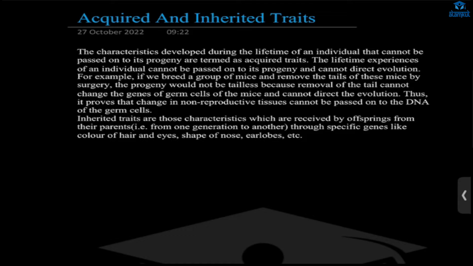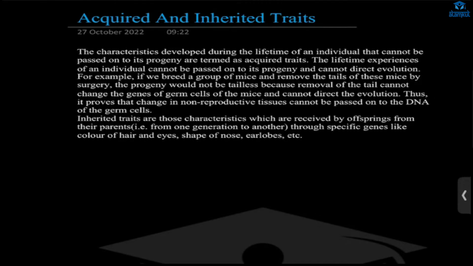They have learned. In the next generation, it is not going to pass down; the children have to learn it. That is an acquired trait. Okay, and in an inherited trait, what is that? It is inherited from their parents. Okay, they got it from their parents.